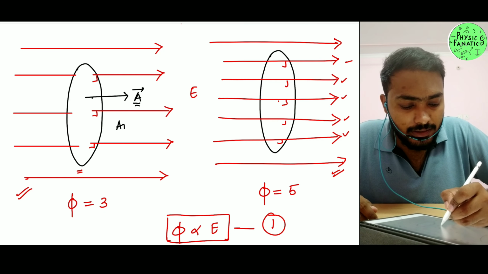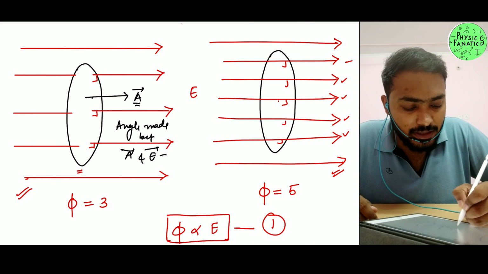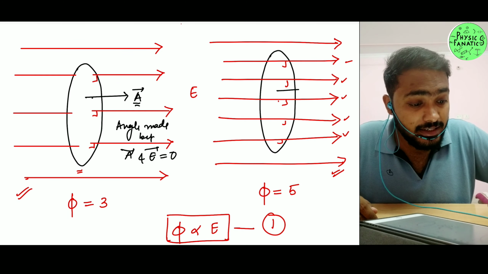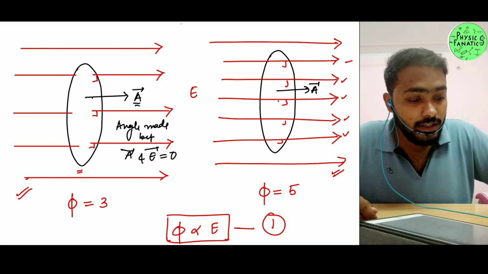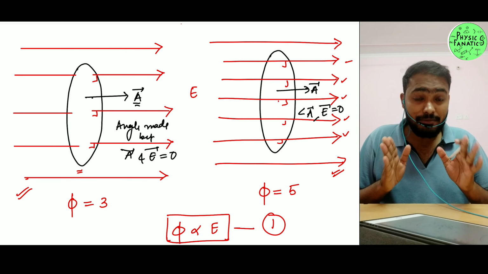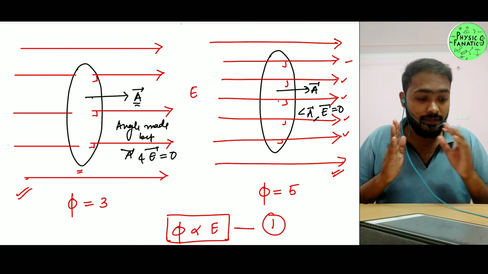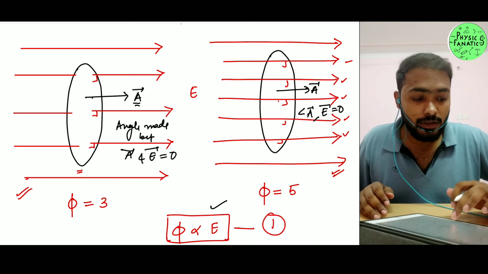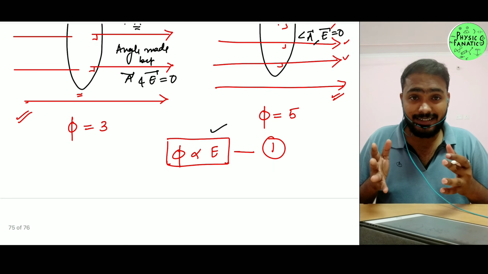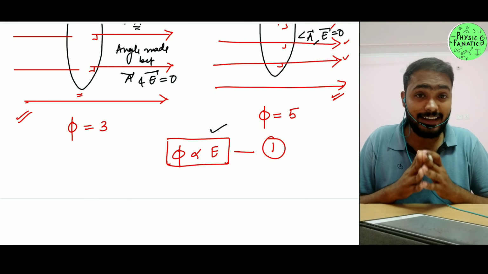The angle made by the area vector and electric field in this particular scenario is 0, and for the second figure also, the angle made by the area vector and the electric field is again 0. Keep that observation in your mind. So this was your first case, in which you are able to see that your flux depends upon the intensity of the electric field lines. Great.